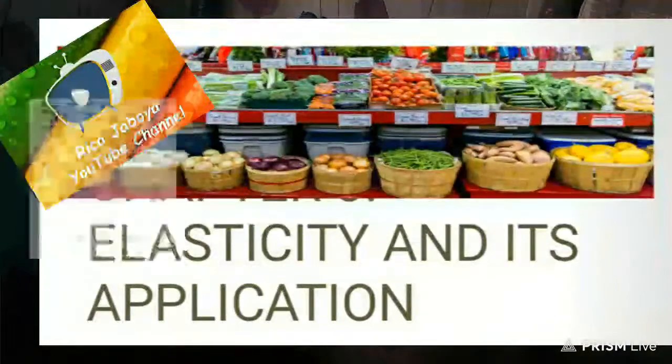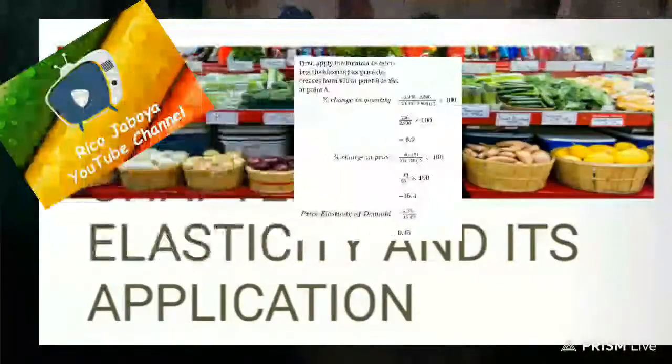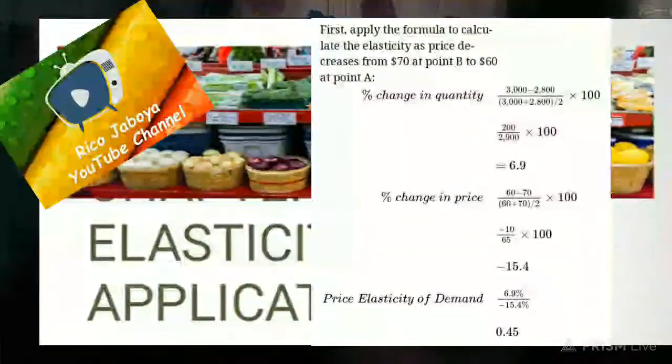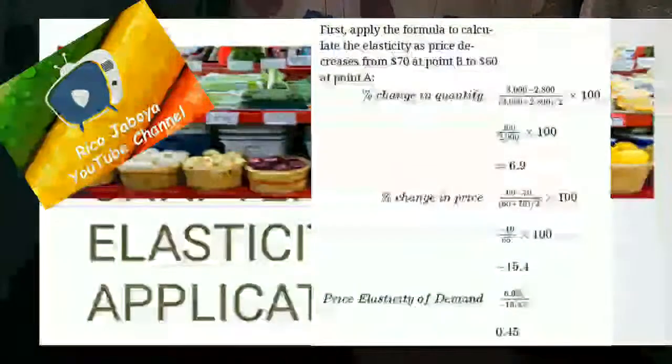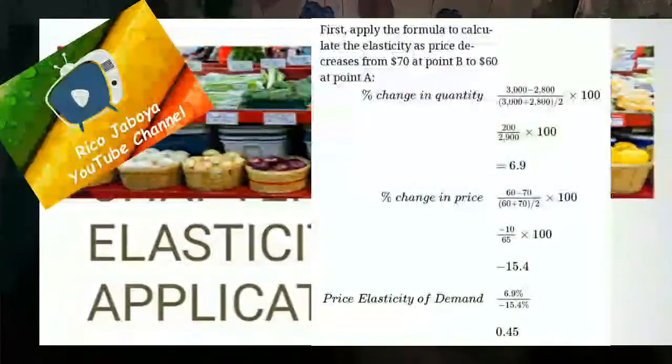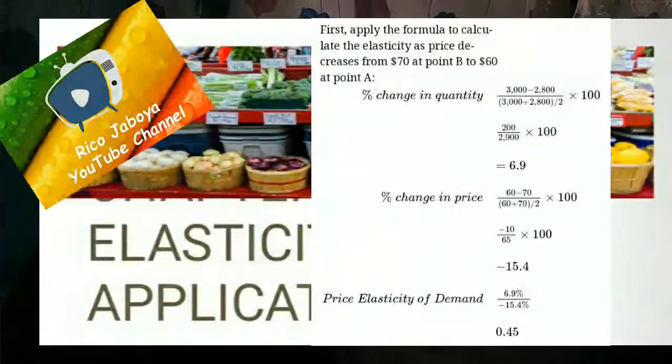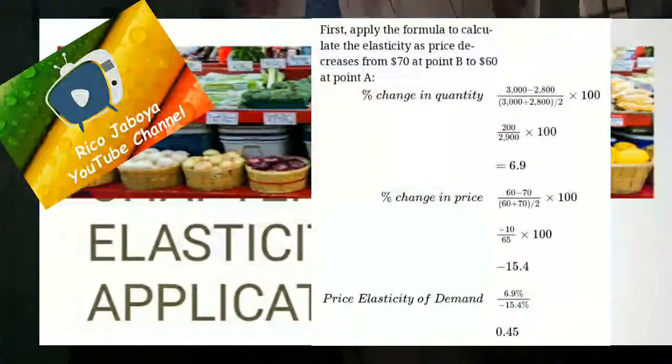Okay, let's start. First, we will apply the formula to calculate the elasticity as the price decreases from $70 at point B to $60 at point A. So, the price decreases from 70 to 60. Okay, let's compute.